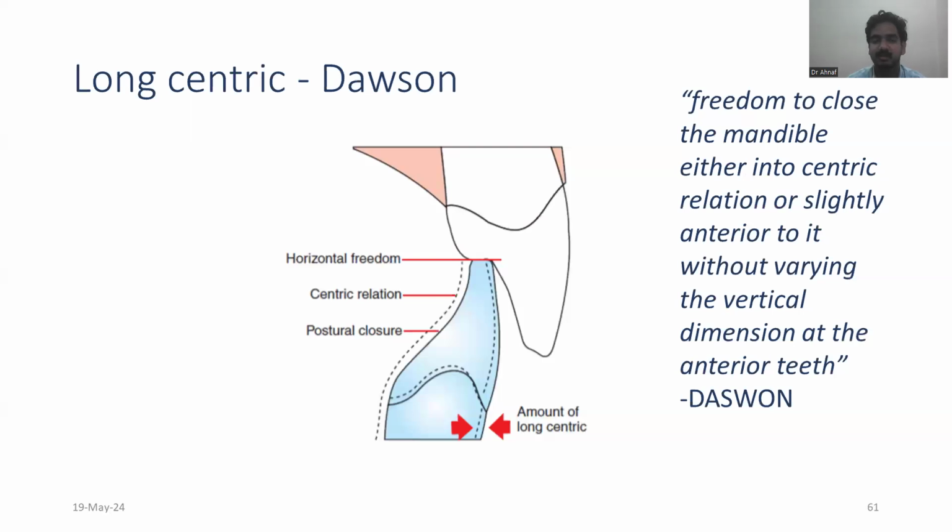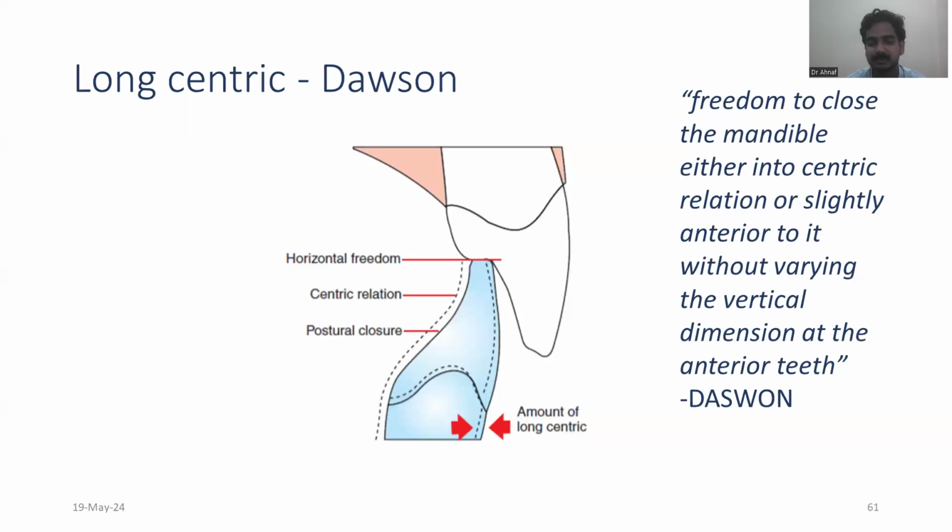Another concept is long centric by Dawson. He says it is freedom of the mandible to close either into centric relation or slightly anterior to it without varying the vertical dimension at the anterior tip. So in long centric, the mandible can close either into centric relation or slightly anterior to it without any change affecting the vertical dimension.